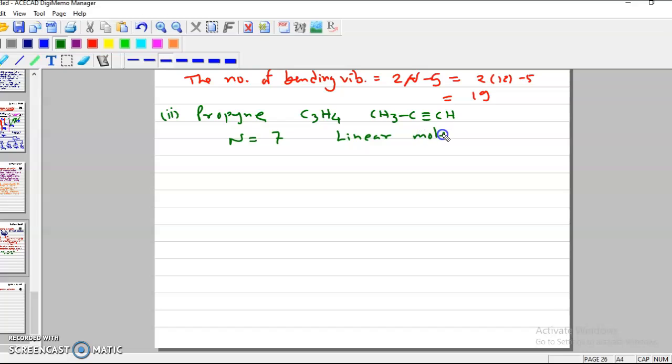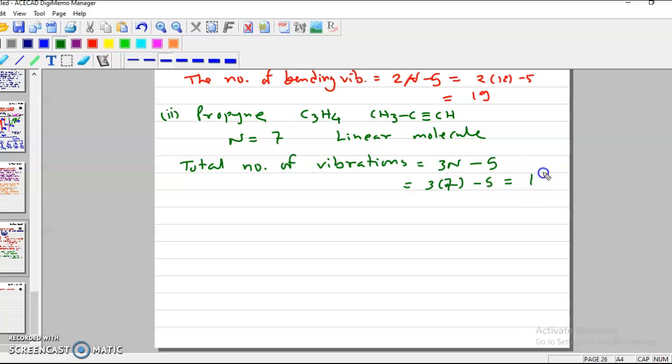As it is a linear molecule, total number of vibrations will be 3n minus 5, where n is equal to 7. So total will be 16. Okay.